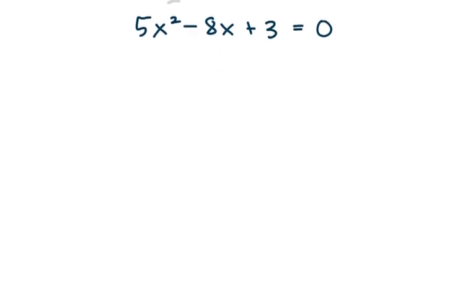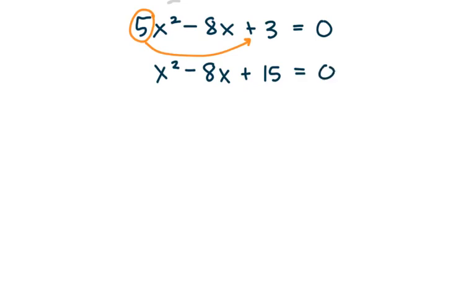At this point, we can factor using either the AC method or guess and check or bottoms up. I'm going to look at bottoms up. Since my leading coefficient is not 1, I'm going to take that 5 and multiply it through. Now I have x squared minus 8x plus a positive 15 equals 0.